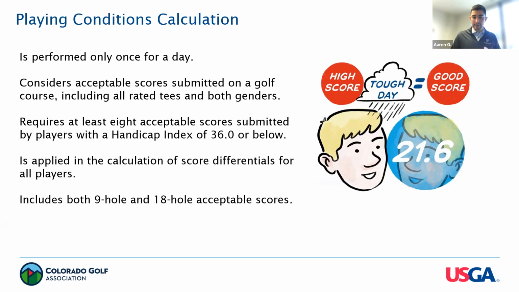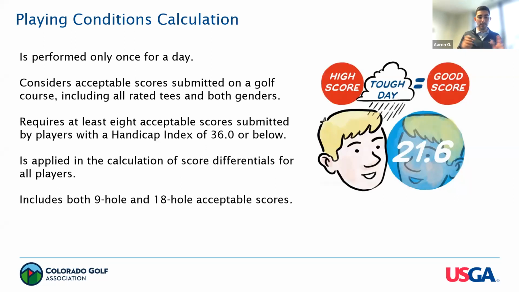Now, with PCCs, if that minimum threshold of 8 scores is not posted, and only 7 of those scores are posted that day, and that 8th score is posted the next day, there will not be a PCC retroactively applied to everybody's scores. Why? Because the PCC is only triggered once.